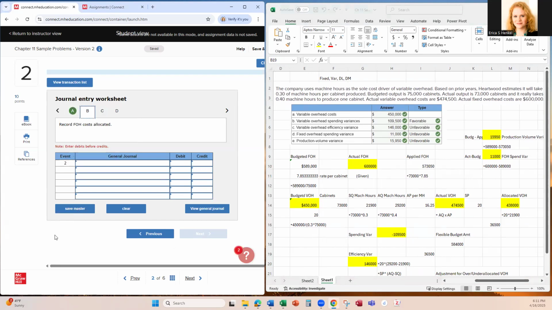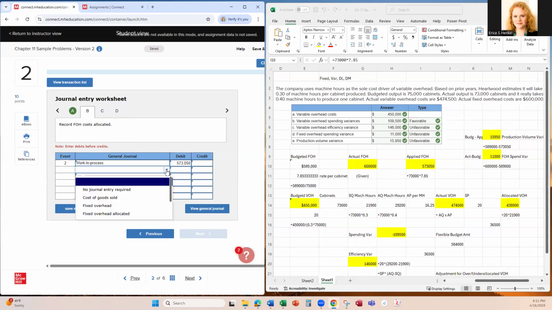Then next, just like in the last one, we're going to record our allocation. We're going to debit what we allocated into work in process. The allocated number we use is this applied fixed overhead, 573,050, and that's going to be credited out of fixed overhead allocated.